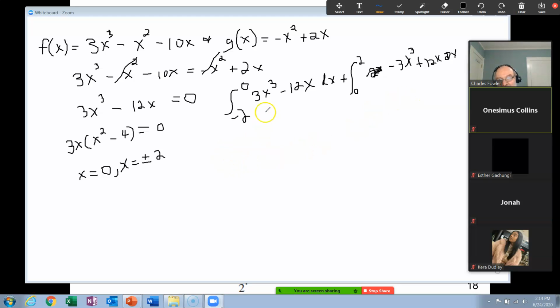Let's do the integrals. What's the antiderivative of 3x cubed? Well, take your variable x, up it by 1, making a 4, divide by that 4, but you had a coefficient of 3 here, so that's 3x to the 4th over 4 minus, and this will be the x squared divided by 2 minus 6x.